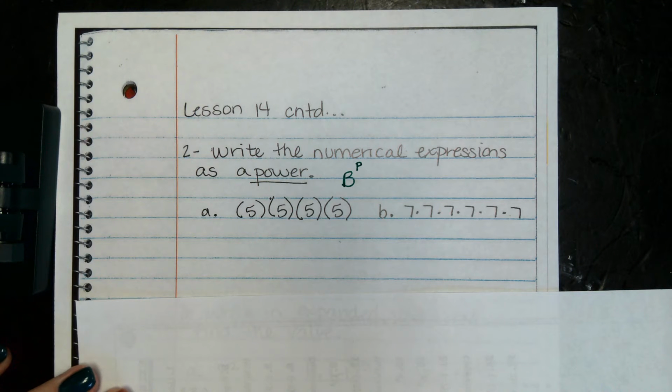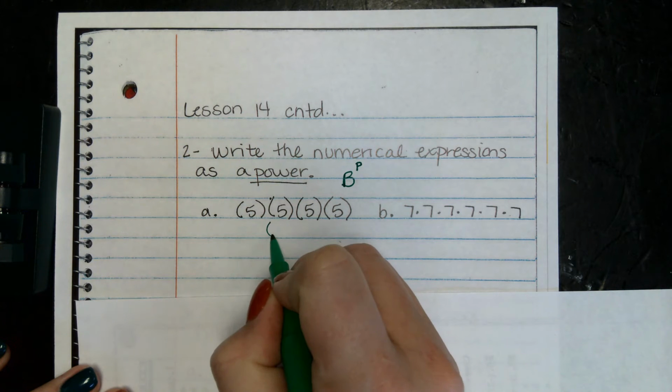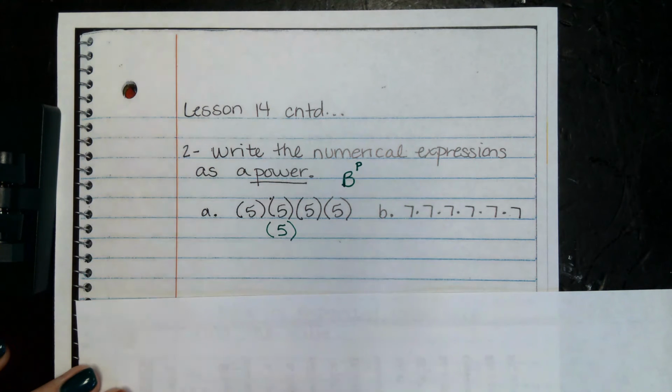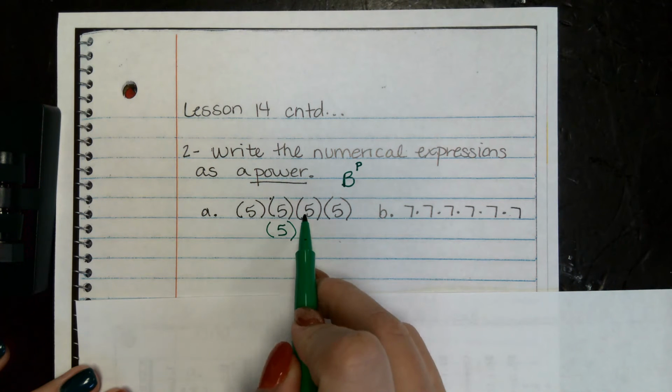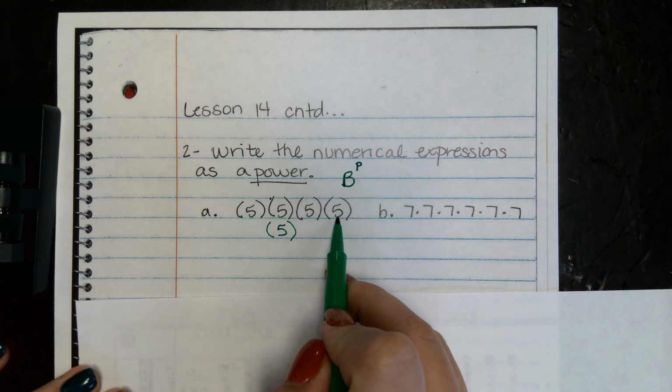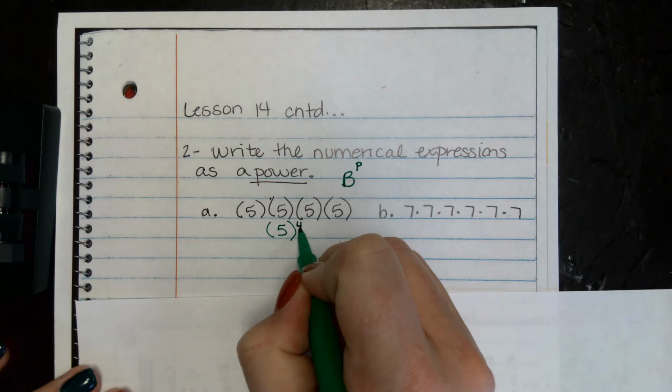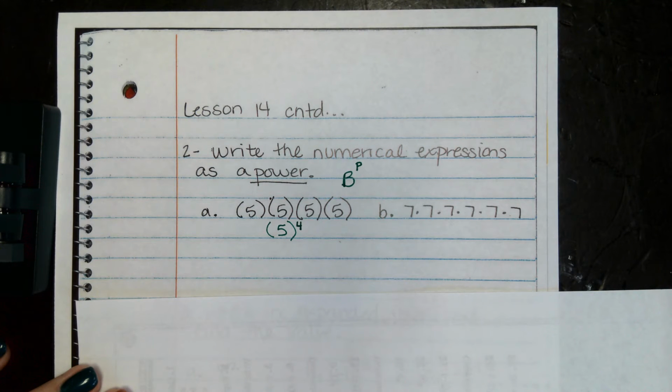Taking a look at A, I have 5 times 5 times 5 times 5. Now, all of those 5s are in parentheses, so I'm going to keep my 5 in parentheses. And I have 1, 2, 3, 4 of them, so I'm going to put a 4 up top. So my answer would be 5 in parentheses to the 4th power.